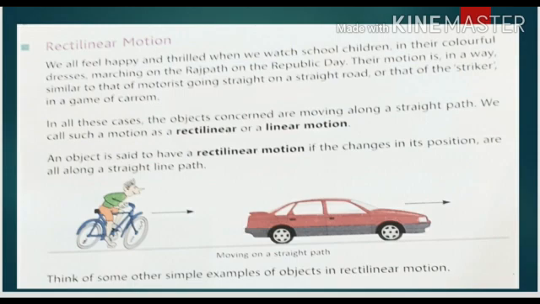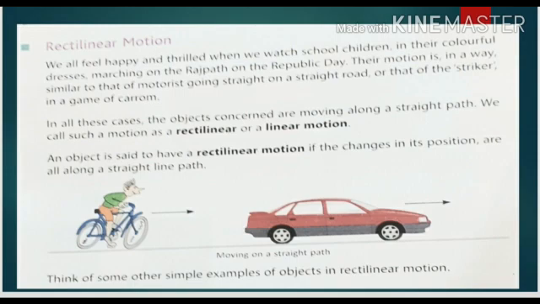When you are playing carom and hitting the striker, the motion of the striker is also in a straight path. In all these cases, the objects are moving along a straight path, dear students. We call such a motion rectilinear or linear motion.